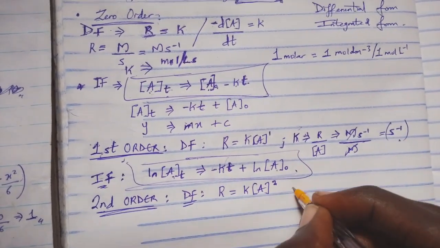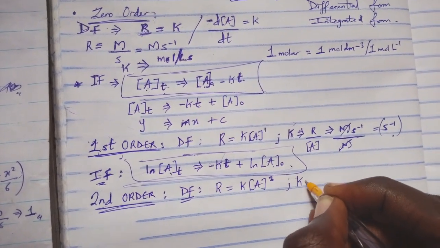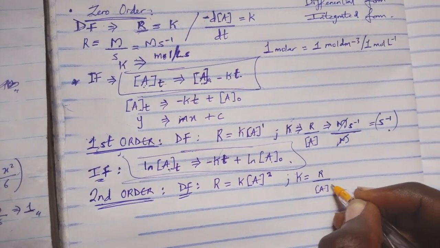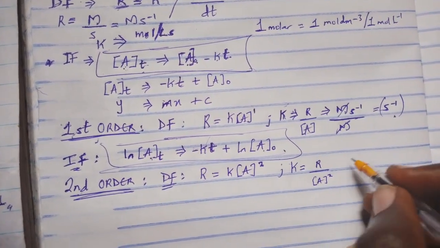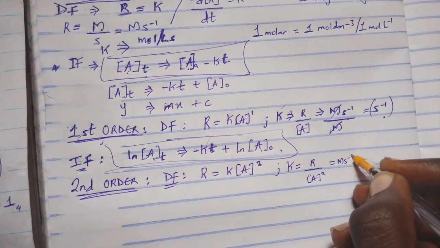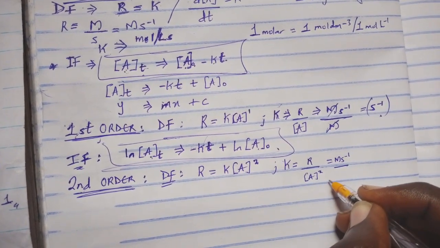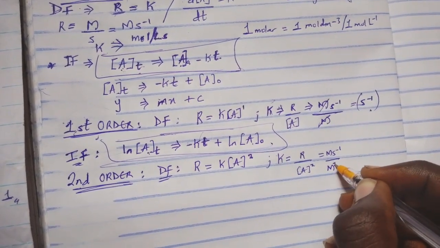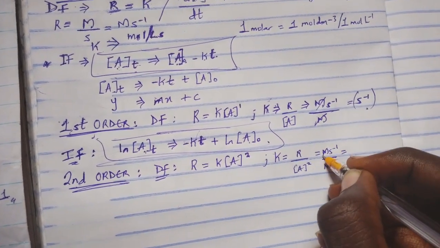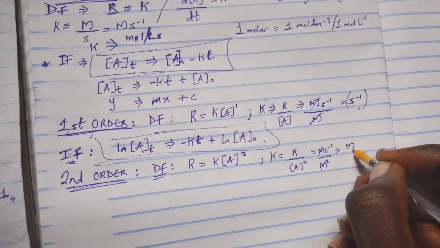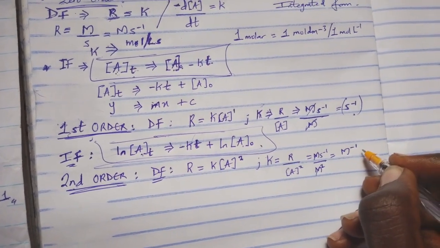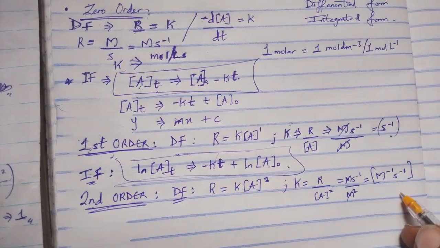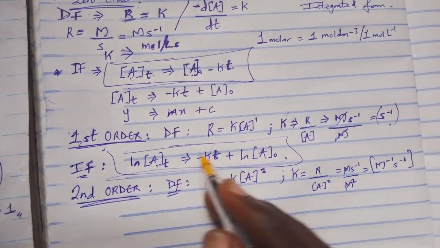Now let's get our unit for K. K will be R over A squared. I already know that R is molar per second and A is molar, so squared will be molar squared. That will be 1 cancel 1 here, so we'll have molar raised to power minus 1 per second. So this is the unit for the rate constant when it comes to second order.